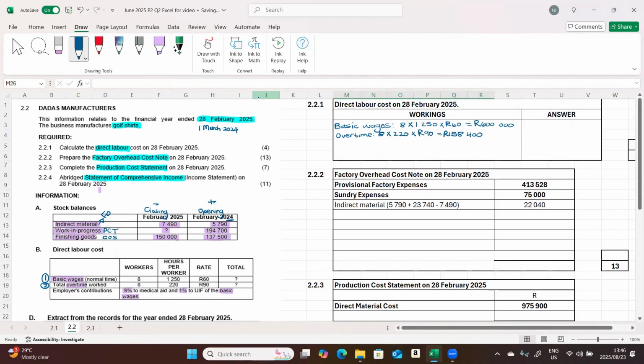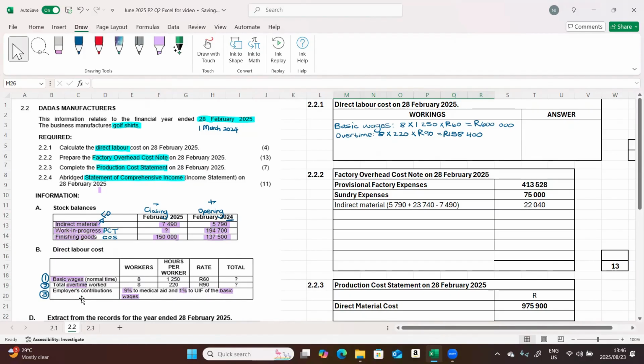158,400. And then the last separate calculation that we need to do is the employer's contributions. Guys, please remember that when we do this calculation, we have to include the employer's contributions as well.